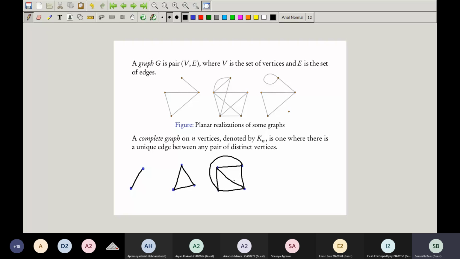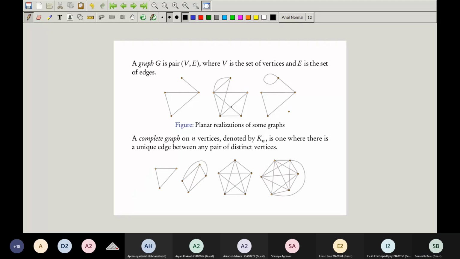You cannot embed K5 on the piece of paper without two edges intersecting. There will definitely be at least two edges which intersect not at the vertices, but in the sense that we have been talking about. They intersect like this.